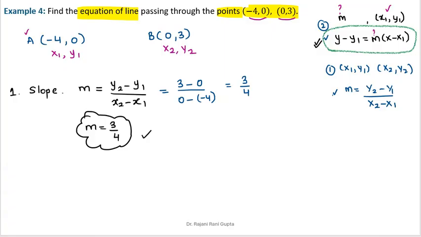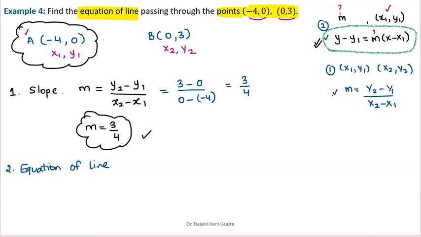So considering this slope and this point, I'm using this point because we denoted them as the variable x1, y1. So it's easier for you to substitute here. So the second step now, the equation of line. Write the rule. y minus y1 equal m times x minus x1.